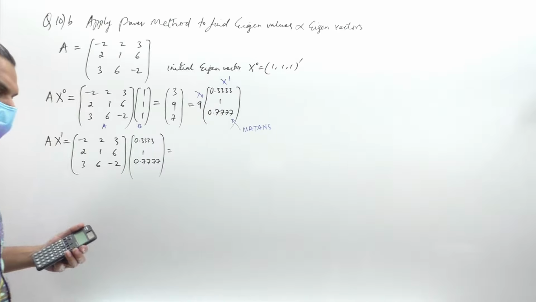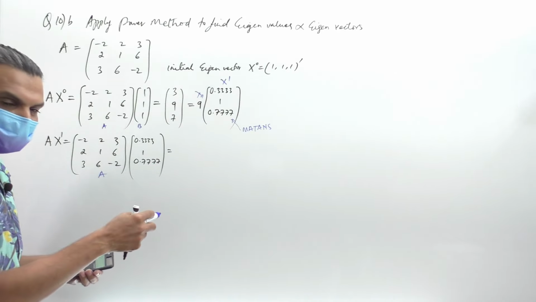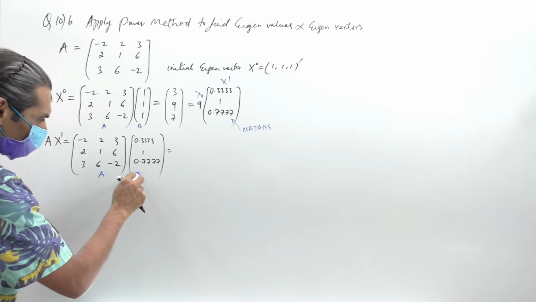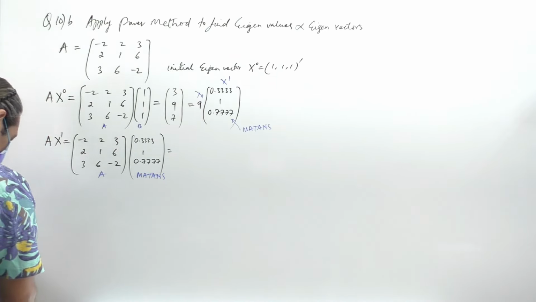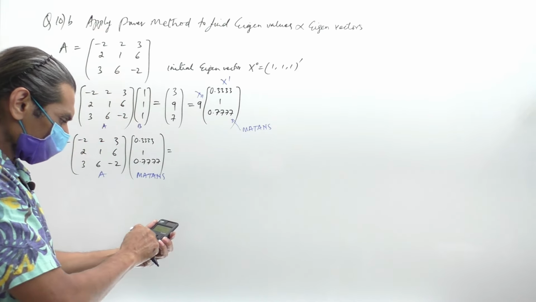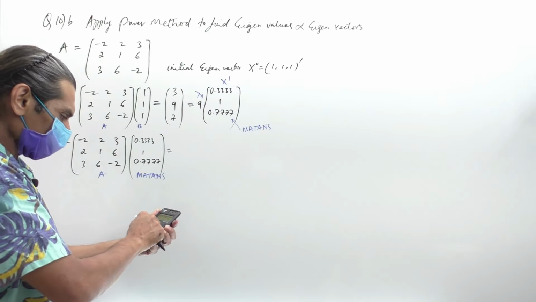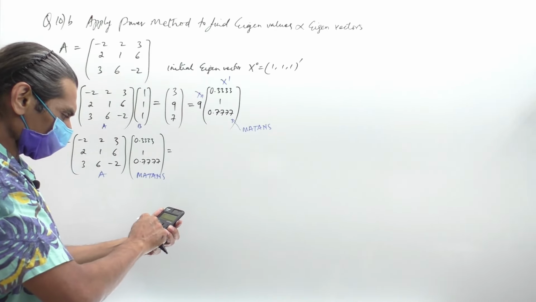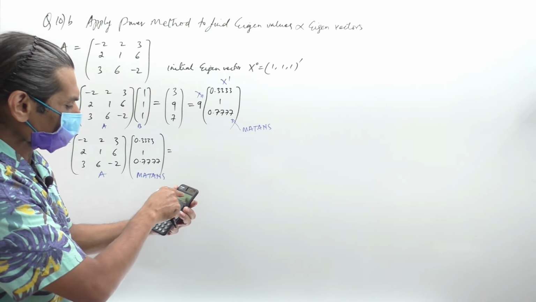That means at each and every step you need to keep on multiplying A by matrix answer, repeating everything till the values match. So press AC, catalog, matrix, mat A into catalog, matrix, mat answer. That's all. Execute.